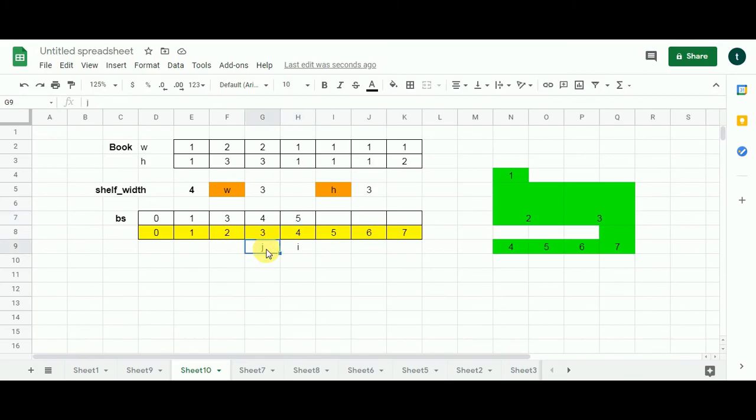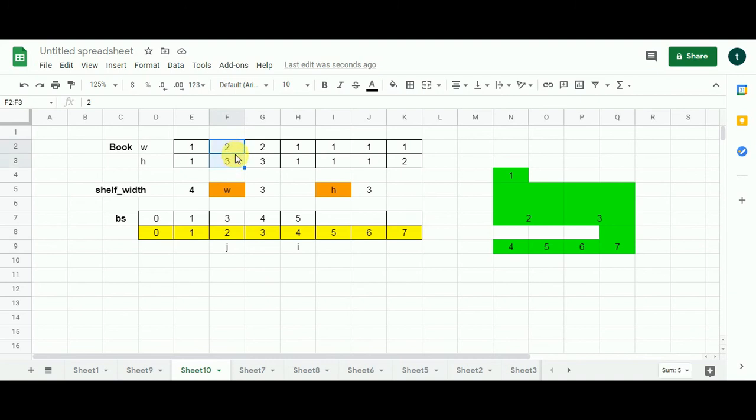Now, just for the purpose of demonstrating the algorithm, we move J one cell to the left. Running width is 3 and running height is 3. That means we are trying to place these 3 books in one shelf. Okay, so running width is 3, J is here, so J is representing book number 2.